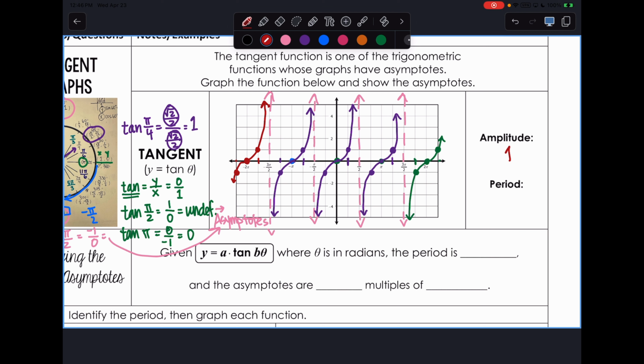All right, 1 for amplitude. The period is the distance from one side of the asymptote to the other. How long is this period? That's 4/4. It's pi.